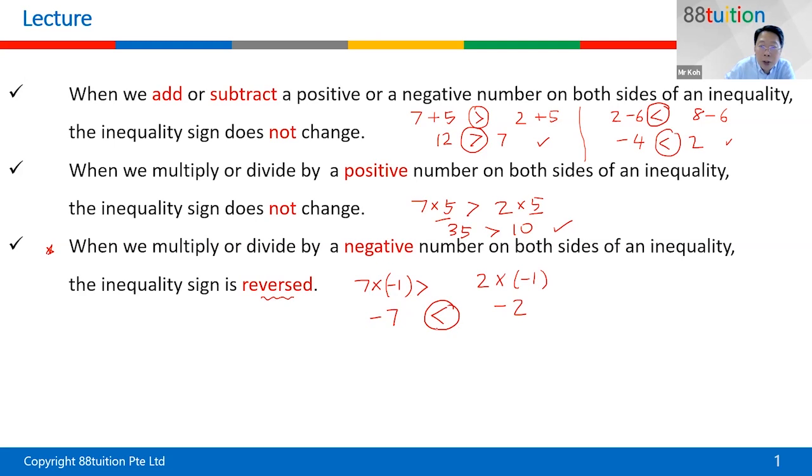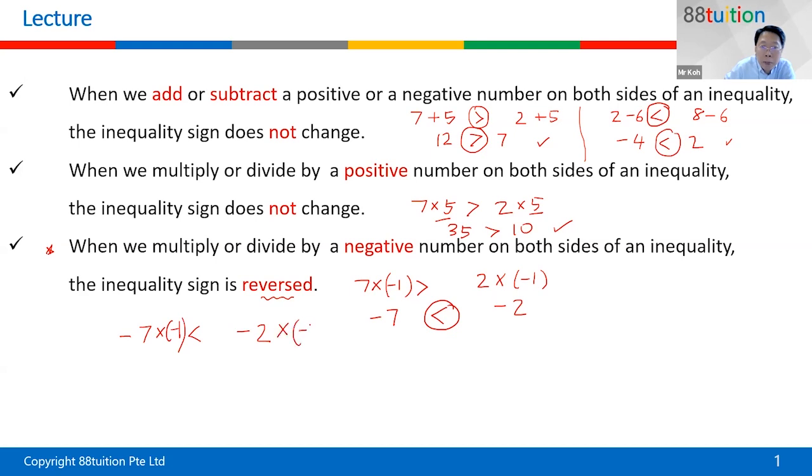Okay. So I'm going to do likewise. Let's say I have minus 7 smaller than minus 2. I'm going to multiply by minus 1.